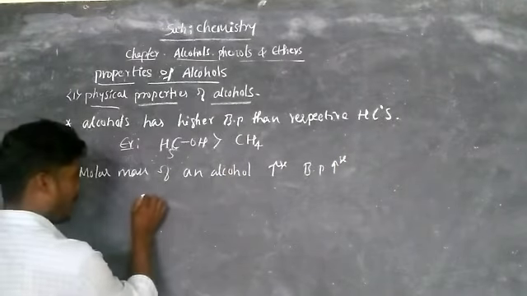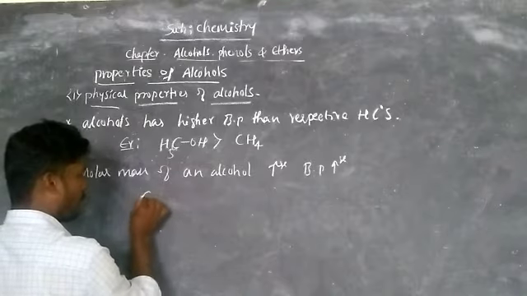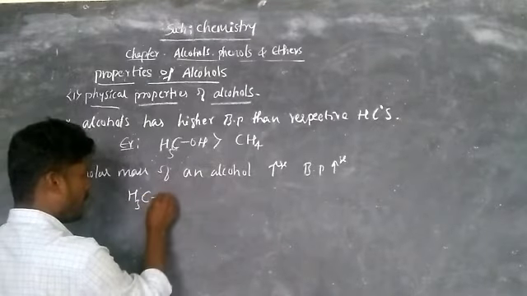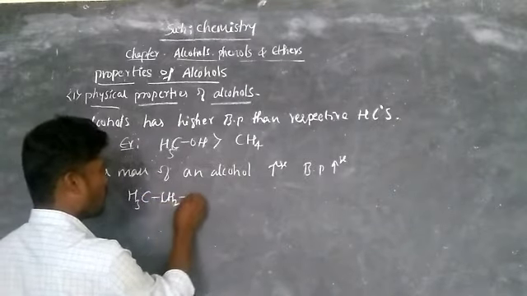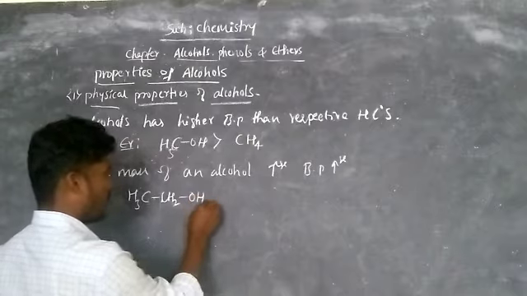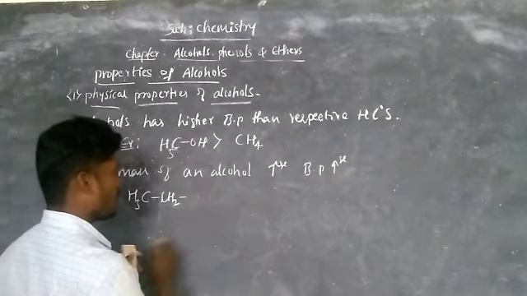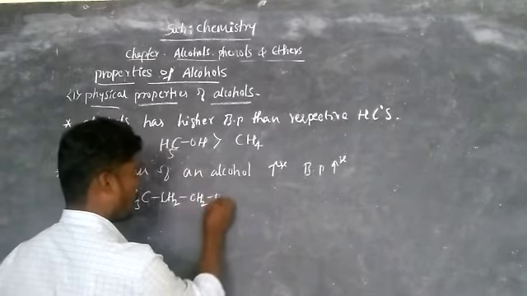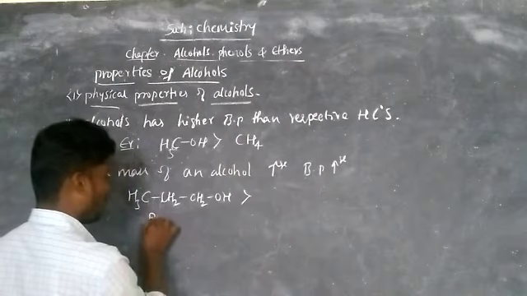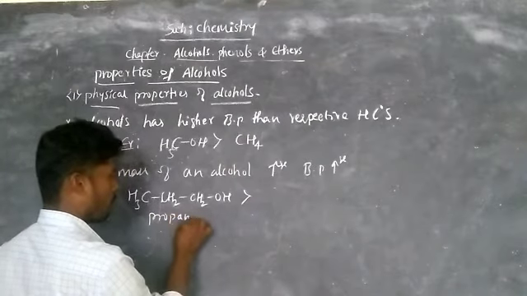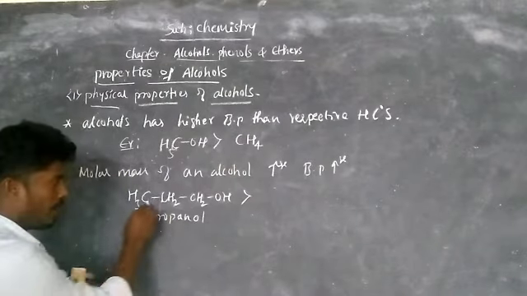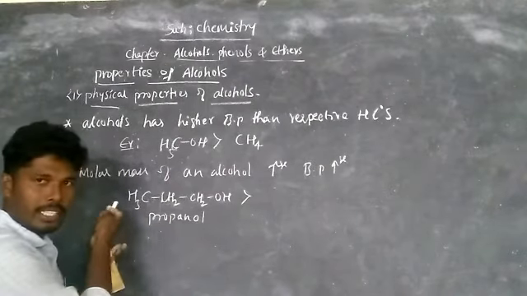For example, see the methanol, or CH3CH2OH, or CH3CH2CH2OH, this propanol. 1, 2, 3, the carbon chain increases, right?